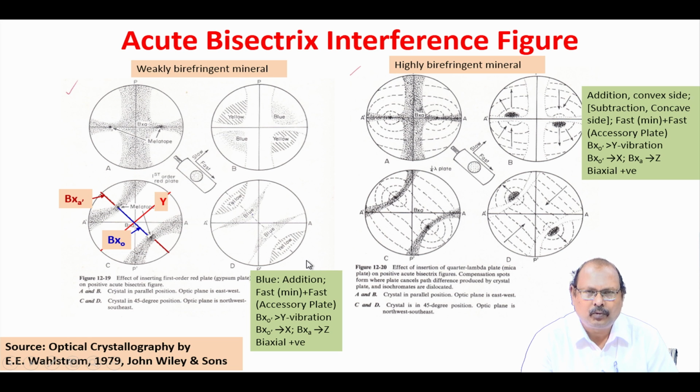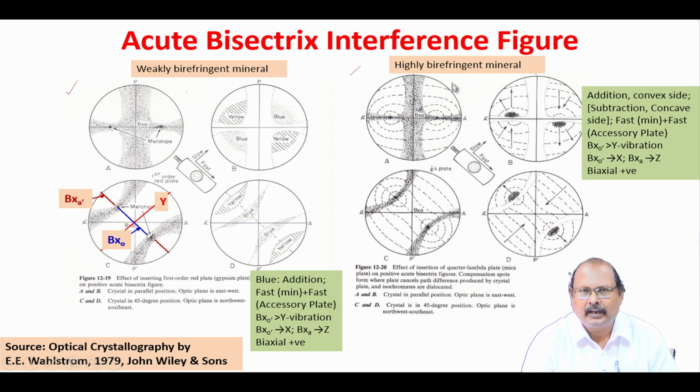So, which is slower than y? Z is slower than y. Immediately you can also see the change in interference color in the concave side and tell that Z is the acute bisectrix, so this is also biaxial positive. You can see the color on the convex side of the isogyre and also the concave side of the isogyre, to have confirmative evidence that this is a biaxial positive mineral here.